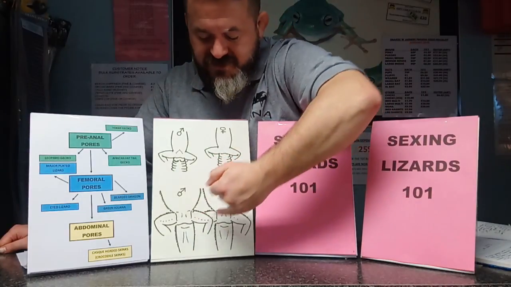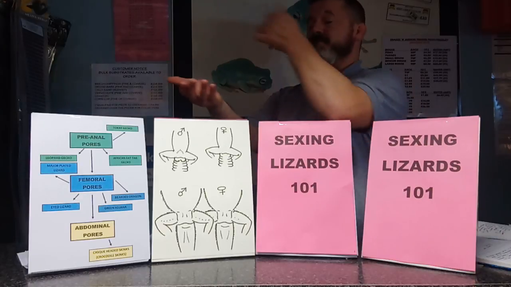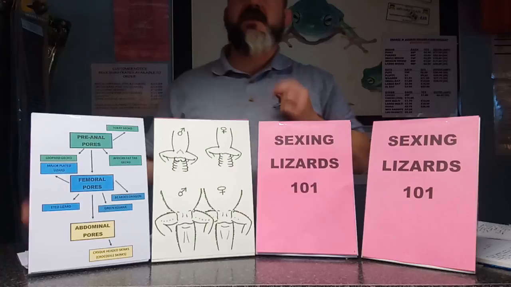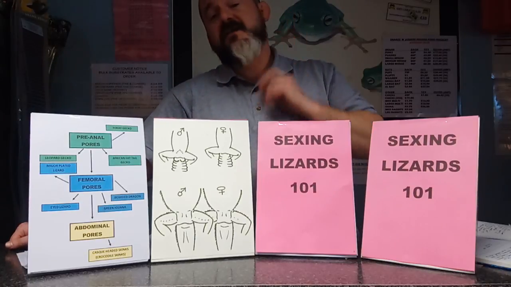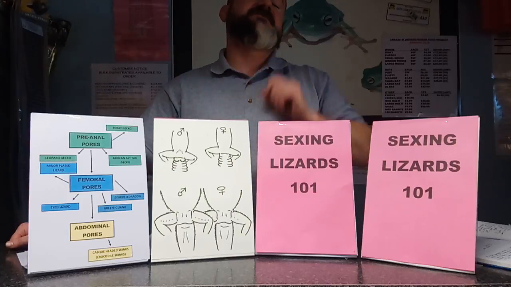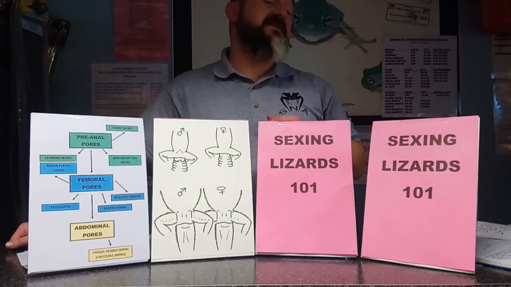Sometimes we can use the cross section of the tail. If we hold the beardie with its bum pointing towards us and bend the tail over the top, we can look at the cross section of the tail, and this can help us with identification. Again, what we're looking for are the hemipenal bulges either side of the tail, whereas the female's cloaca is actually more round and full in the middle.